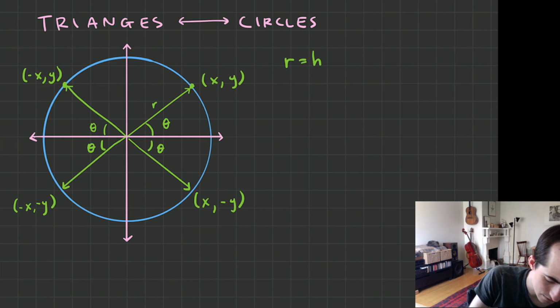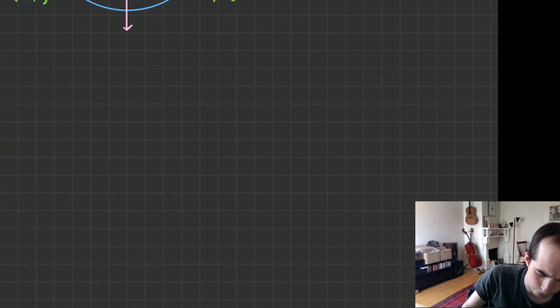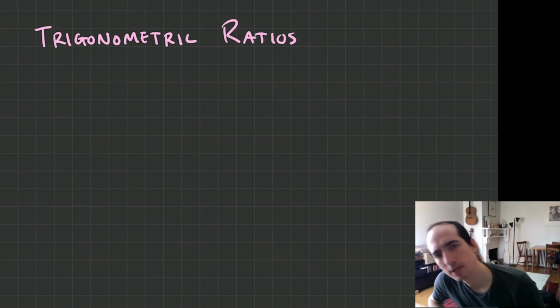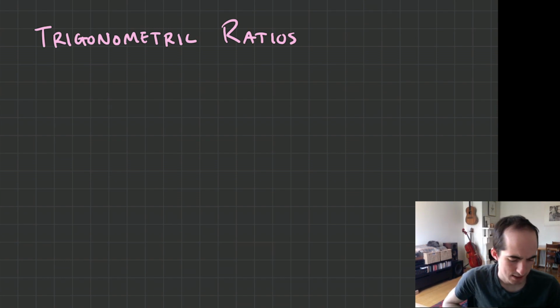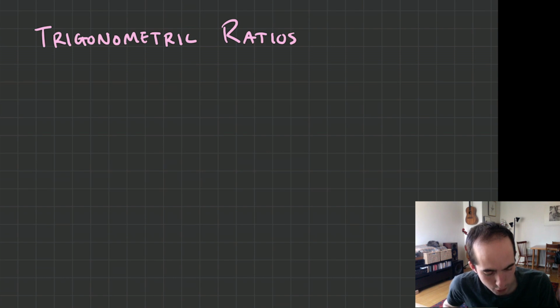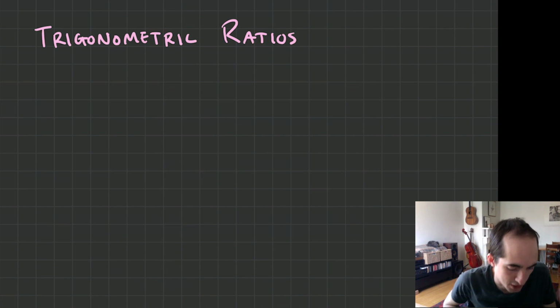So, time to remind you about the trig ratios that we have. So let's talk a little bit about the trigonometric ratios. Okay, so we're going to take a look at how the trig ratios, I refer to them as trig ratios, but if you want to call them the trigonometric ratios, that's fine too.